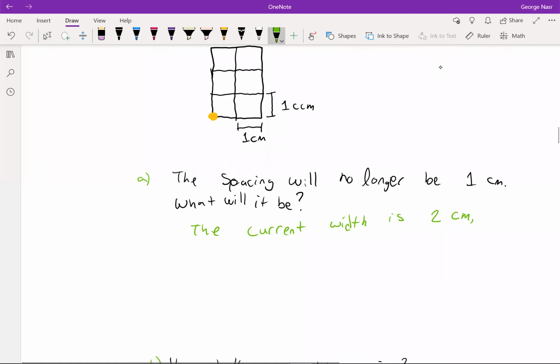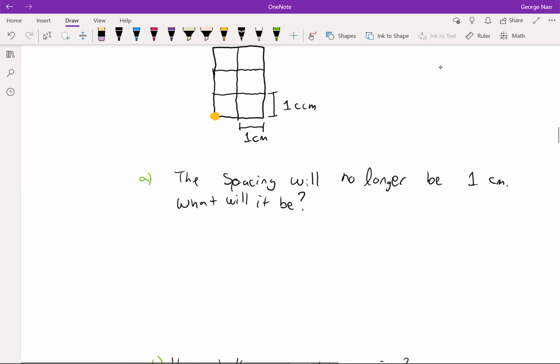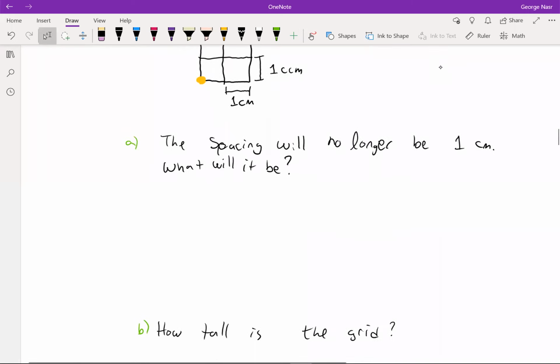Or actually, let's not do it this way. I think the picture I had before was actually way better that I decided to erase for some reason. The point is now in the bigger version of this grid, this new width is 15, right?